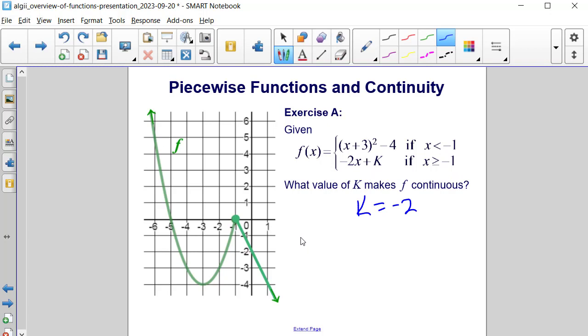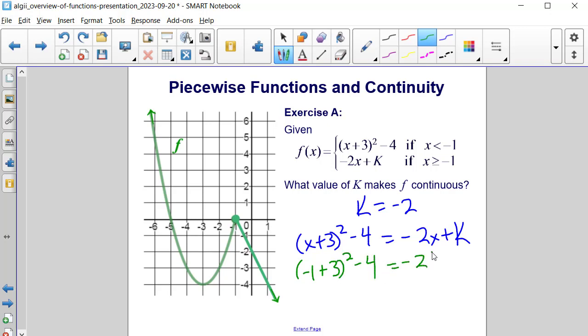So we will write out x plus 3 squared minus 4 is equal to -2x plus k. Since the boundary for these 2 rules occurs when x is -1, we're going to substitute -1 in for x on both sides of this equation. So we're going to have -1 plus 3 squared minus 4 is equal to -2 times -1 plus k. And now we can solve for k.